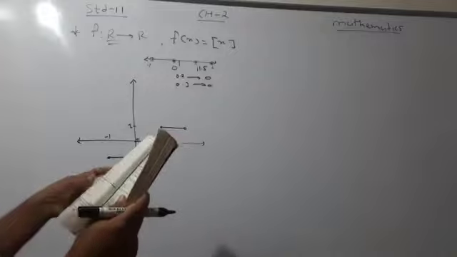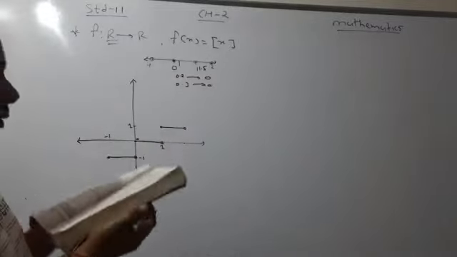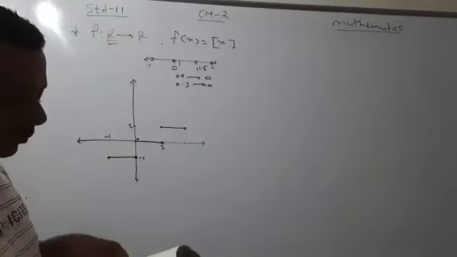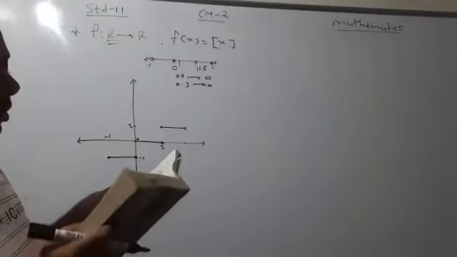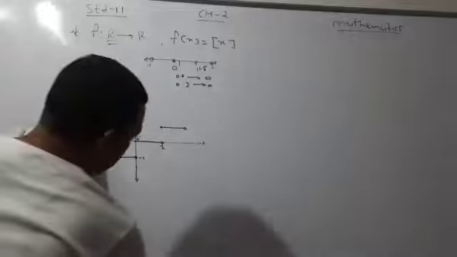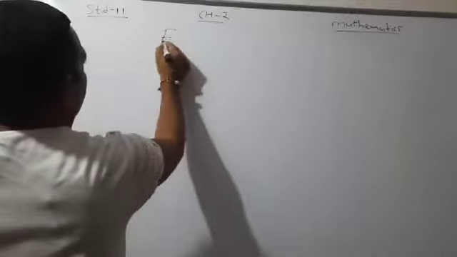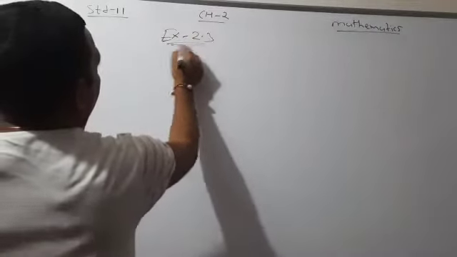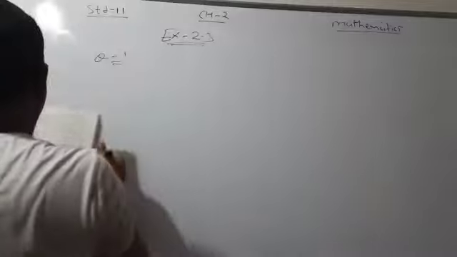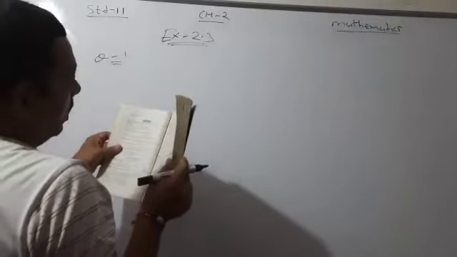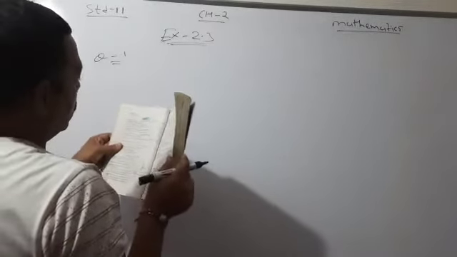Clear? Now we'll start the questions from exercise 2.3. See the first question: which of the following relations are functions? Give a reason if it is a function.